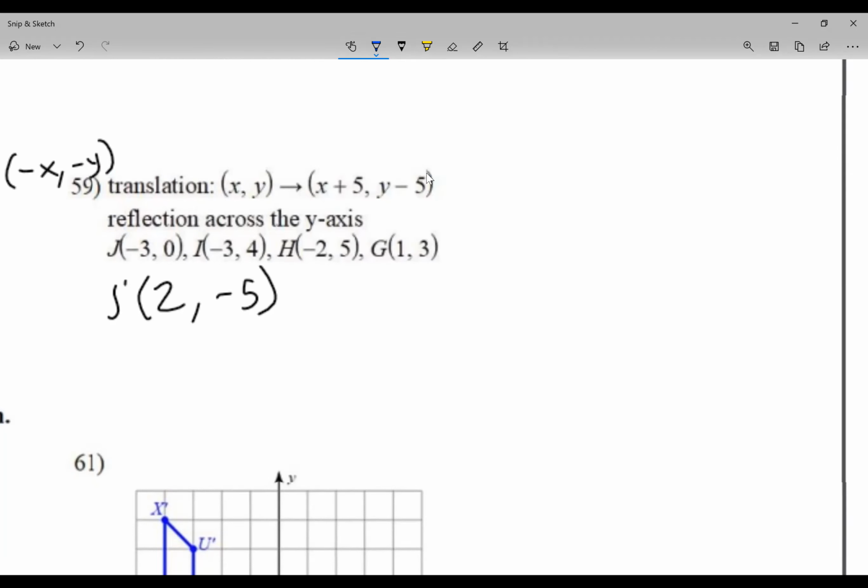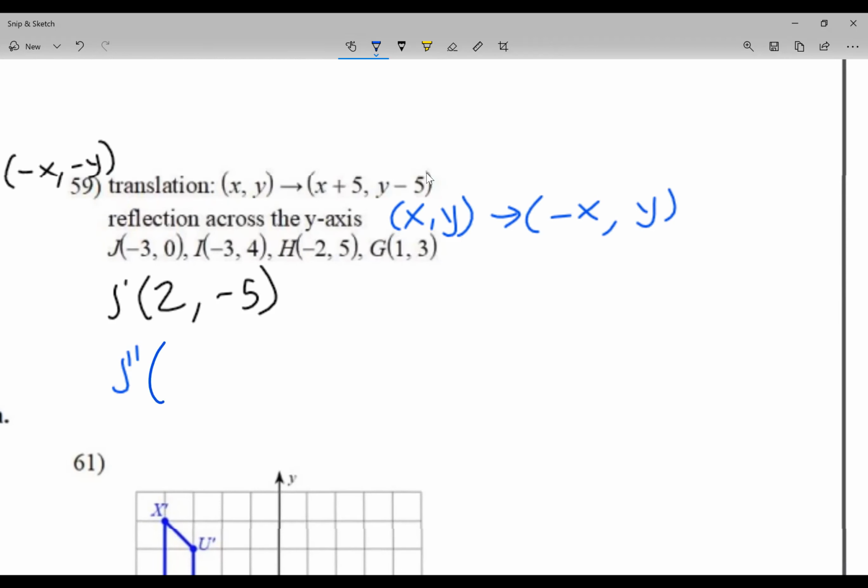According to our notes, (x, y) becomes (-x, y). So basically I'm just going to switch the sign on the x value. So my J double prime is going to be -2, -5. Notice I switched the sign on the x value.